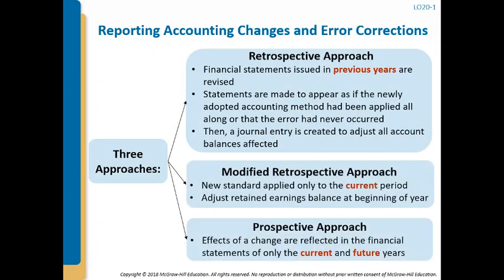And so there's three approaches. First is the retrospective approach, which is all financial statements issued in previous years are revised. And so what you're doing is you're changing the prior statements so that it looks like whatever principle change was made was used all along.